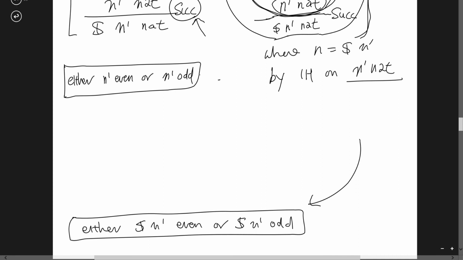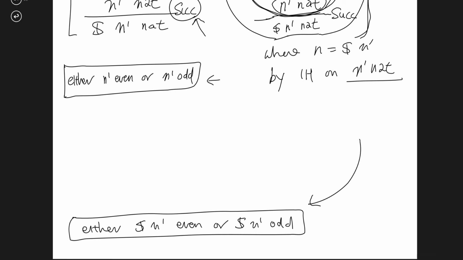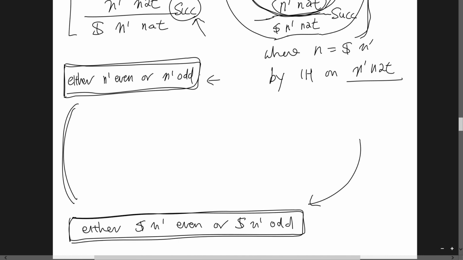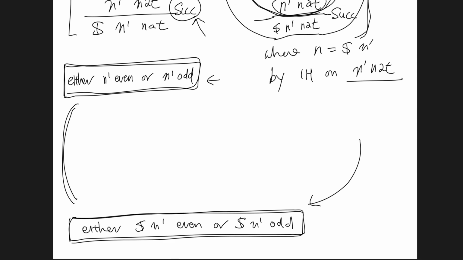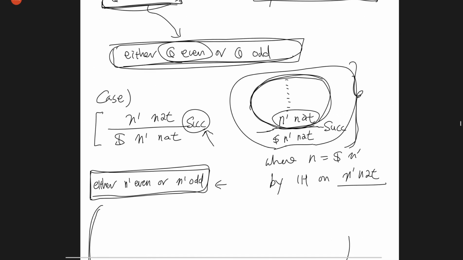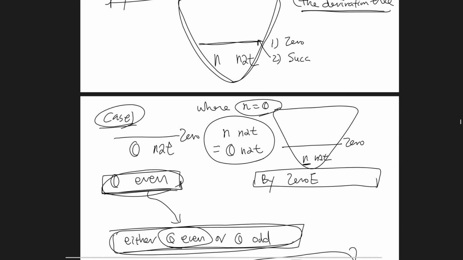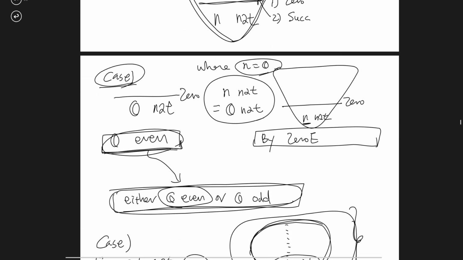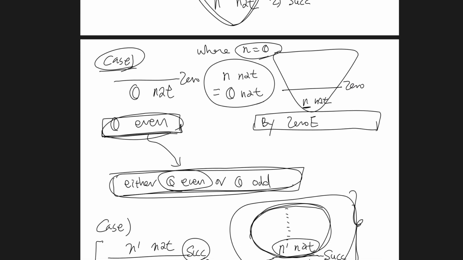So this is the induction hypothesis. Now, the remaining job is to somehow bridge the gap between this induction hypothesis and the final conclusion. So this is an easy exercise, but the point of the whole exercise here is not how this particular example works, but the way that we'd like to present the formal proof and how rule induction works.